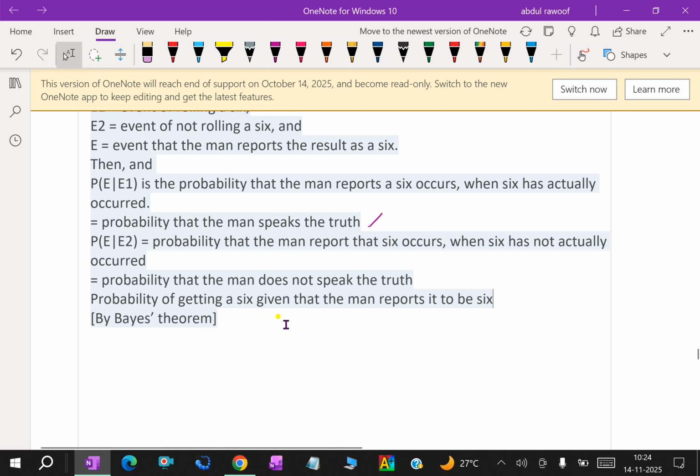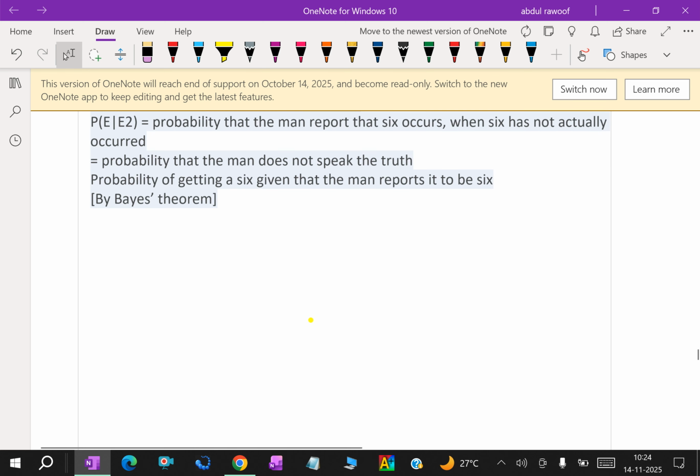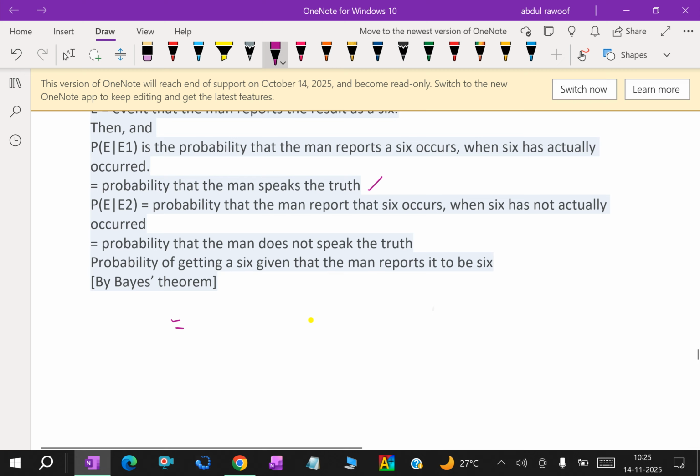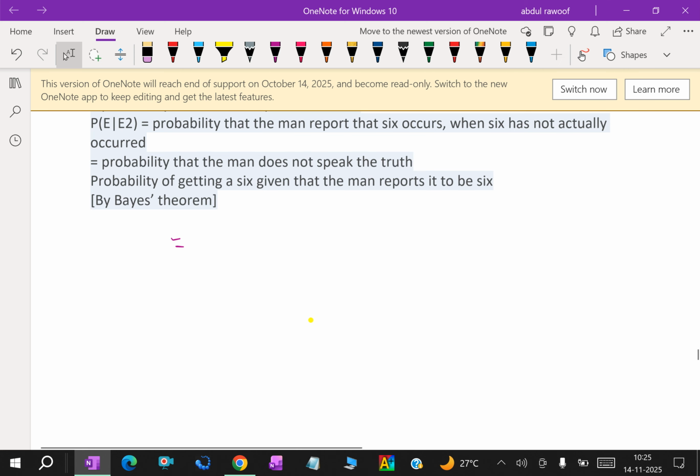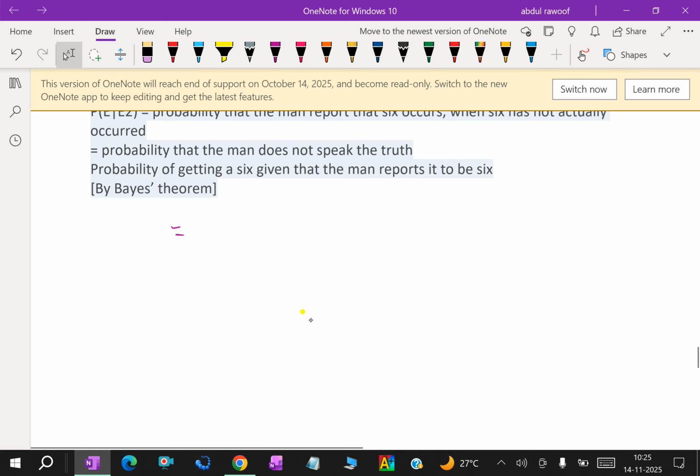Probability of getting a 6 given that the man reports it to be 6, that is by Bayes theorem, which is equal, simply you do that, 1 by 6, 0.125 over 0.125 plus 0.003.